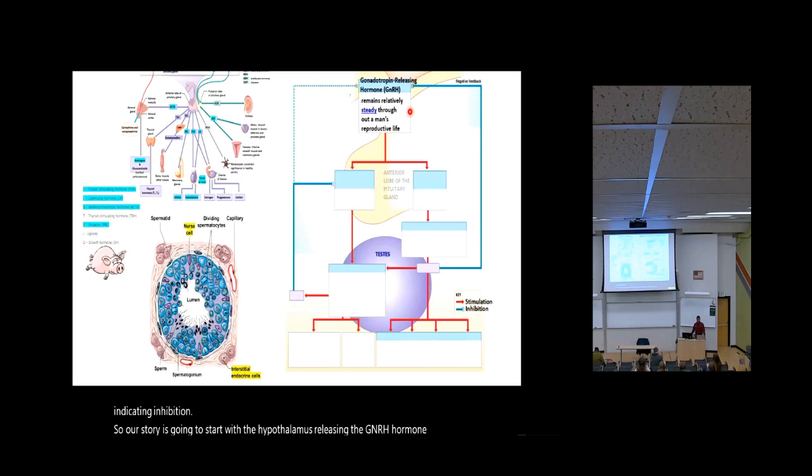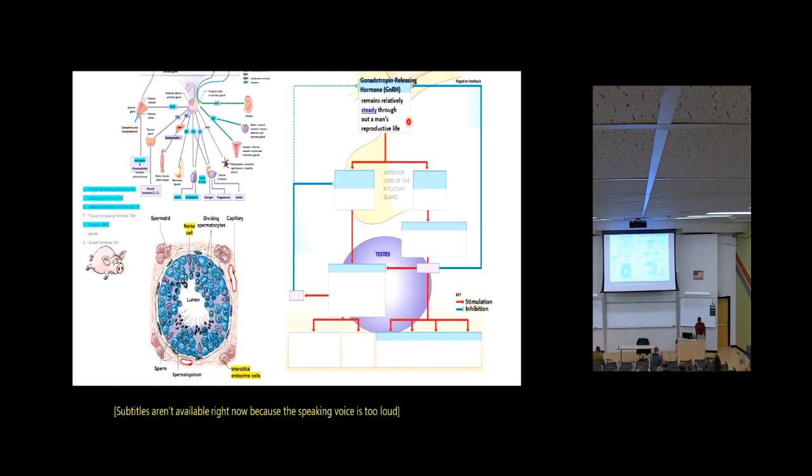This stands for the gonadotropin releasing hormone, and this will be produced at the beginning of puberty. Until then males don't produce GnRH, and its levels are going to remain steady throughout the reproductive life of the male. So there will be an increase and then it will decrease, and I'll tell you what causes its upregulation and also inhibition.